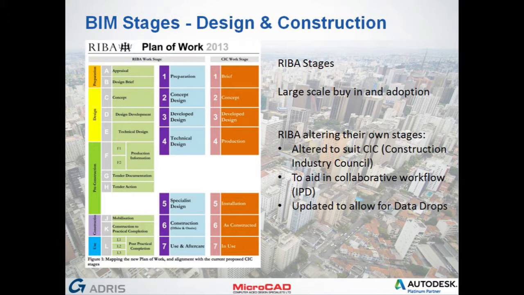So overall it's a big shift in the way that the plan of works has instigated a shift into the workflow people are using, that procurement strategy that people are now adopting.